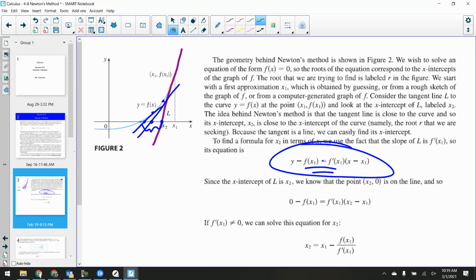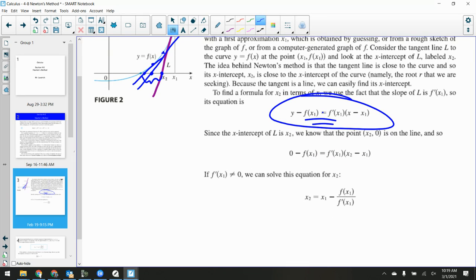Okay? So what we've done here is rewrite our second term in this sequence using x1, our first approximation. We think the root's going to be somewhere close to that. And then we say, okay, we can find x2, something a little closer, using x1, if we take x1 minus f of x1 divided by f prime of x1.